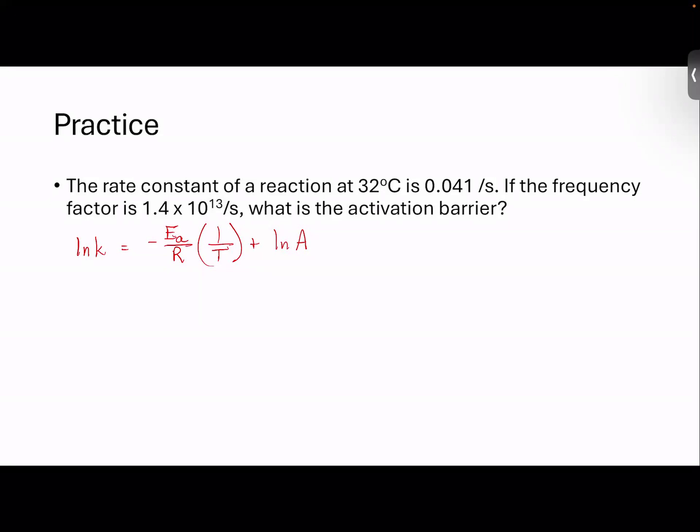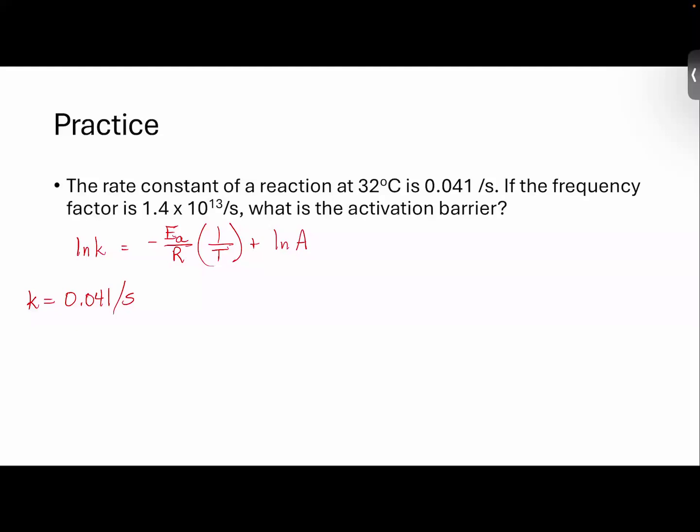We know k is equal to 0.041 per second. By the way, out of curiosity, can anybody tell me what order this reaction is with respect to that reactant? The rate constant tells me it's first order because the rate constant's per second.